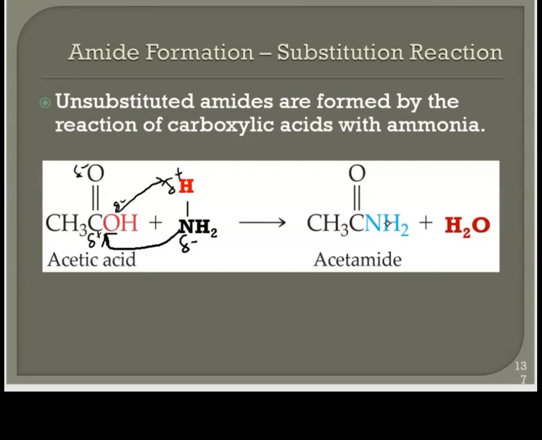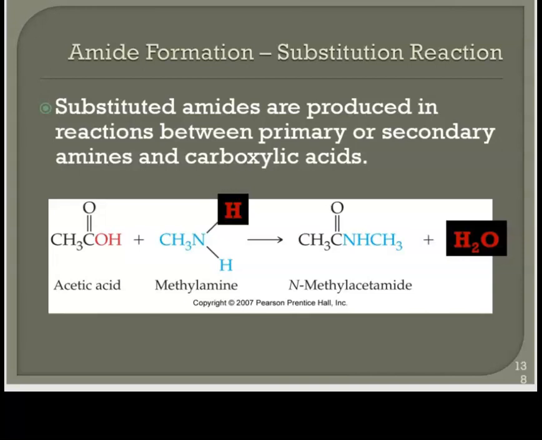And then we're going to basically pop off that OH and that hydrogen, and we're going to form water. And then we're going to have that primary amide. So this is the way that we can form unsubstituted amides, because the only way to do that is with ammonia, because we have to have that attached to two hydrogens. So that's the easiest way to do that.